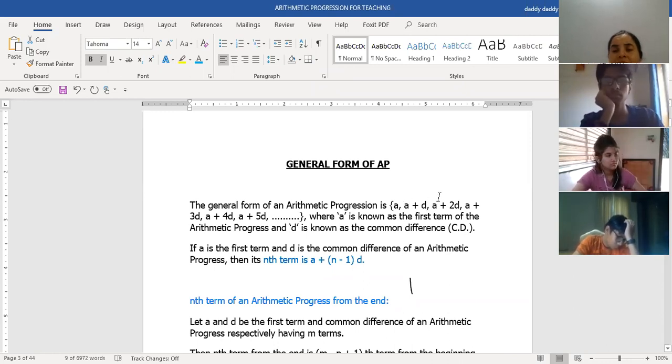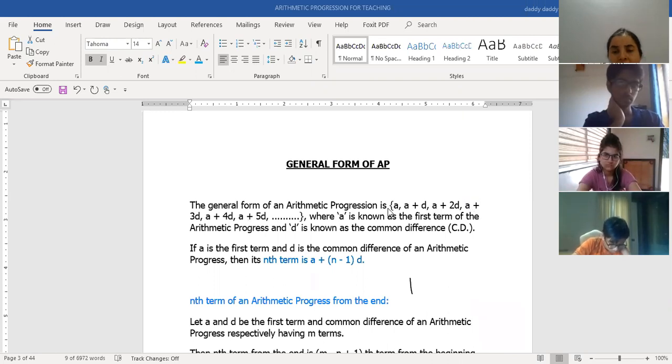Now third term is nothing but, again in the second term you will add one more D. Second term is A plus D, and in this second term if you add one more time D, you will get the third term, which is A plus 2D, isn't it? Now A plus 2D is your third term. So your fourth term will be, in this third term you add one more D, so it is A plus 2D plus D, which is A plus 3D, and so on.